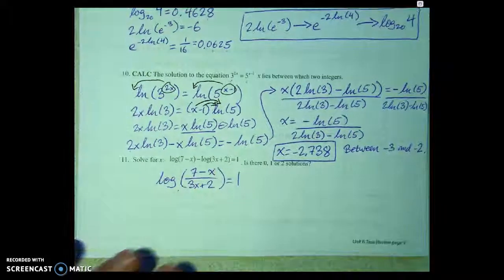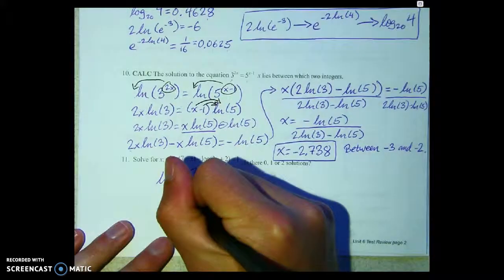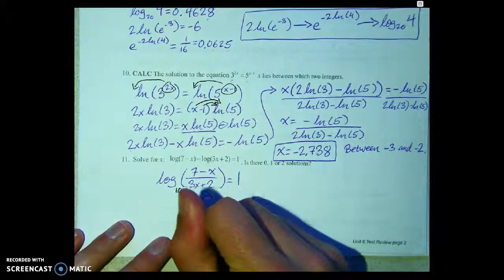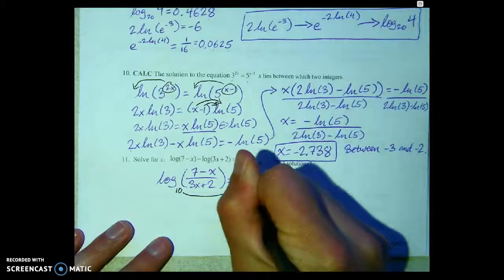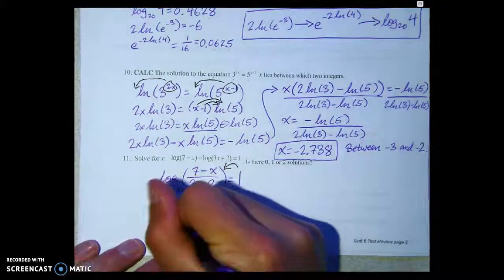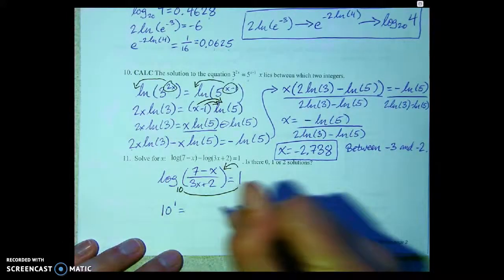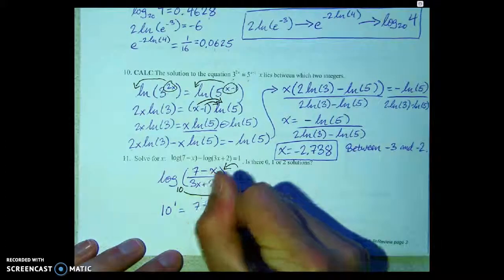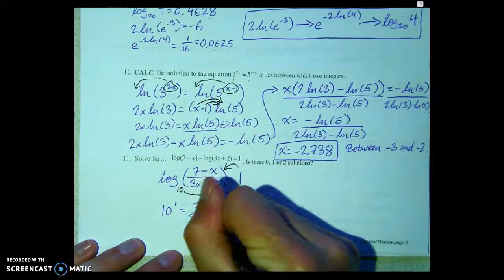If you wanted to, you could certainly write that in just to make sense of this. 10 raised to the power of 1 is equal to the inside of the logarithmic argument, right? So really our next line is going to look like 10 to the 1 equals 7 minus x over 3x plus 2.